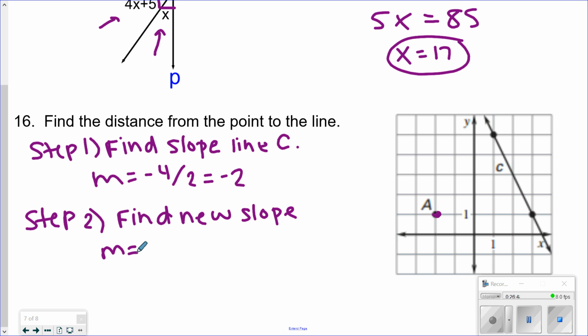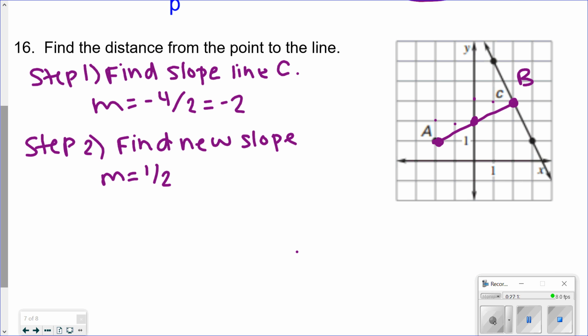So it'd be positive 1/2. All right, so if I start at A, I'm going to go up 1 over 2, plot my point here, up 1 over 2, and my new line would hit the graph at this point, and I'm going to call this point B.